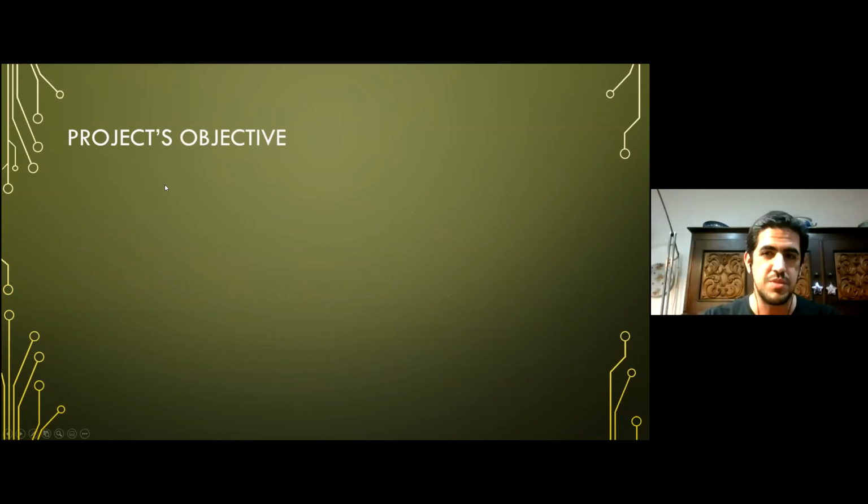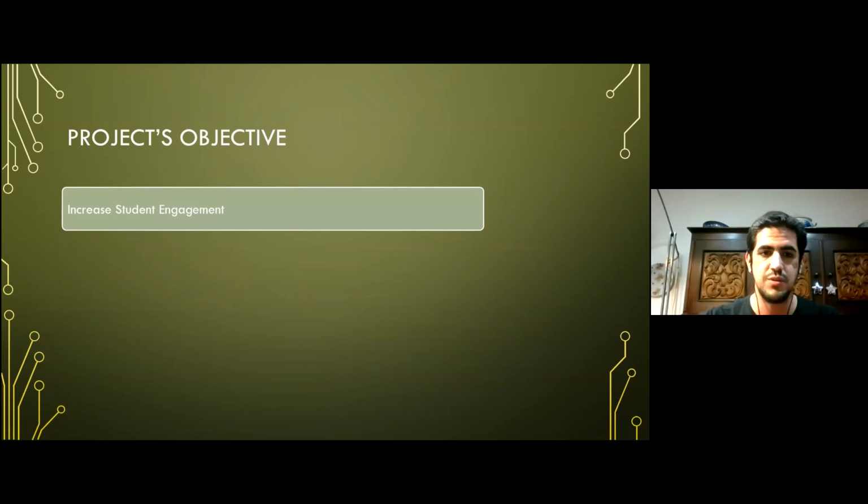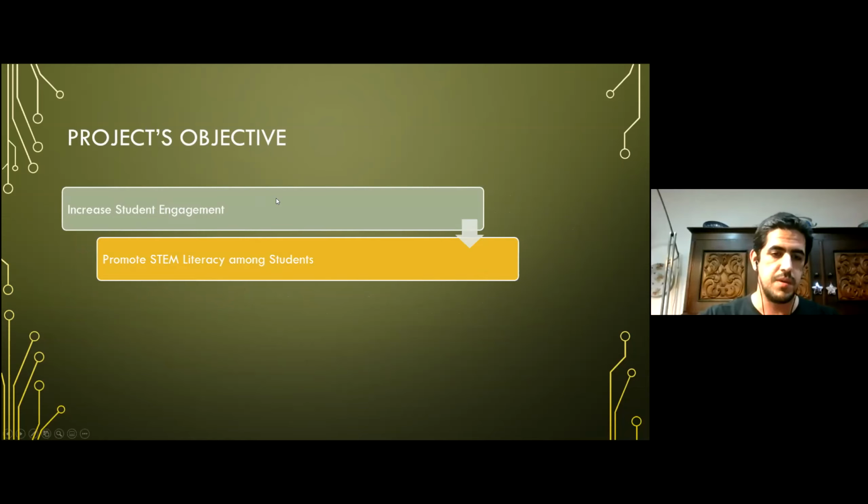And what are the objectives of this project? Well, it's to increase student engagement with technologies and electronics. Why? Because we're trying to promote science, technology, engineering, and math, STEM for short.